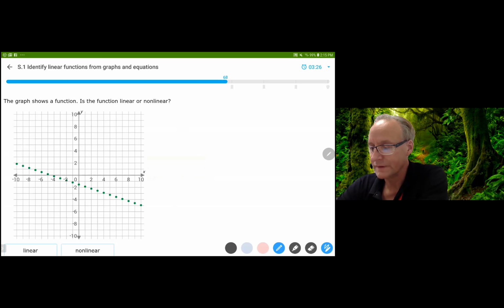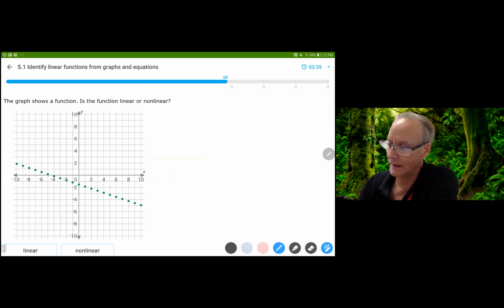Oh, interesting. Is the function linear or nonlinear? Well, this is actually what would normally be called a step function, but the points are linear. What's happening is that we're only looking at whole numbers, but I'm assuming that they meant for it to be linear because it actually is y equals negative 1/2 x, it looks like.